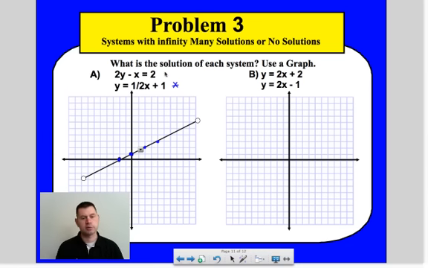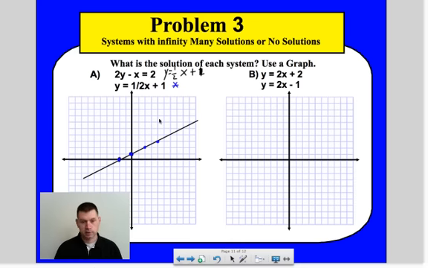If I change that by subtracting or adding x over, what I'm going to get is x plus 2 equals 2y. Now when I divide, what's going to happen is I'm going to get a 1/2 here, and I'm going to get a 2 over 2 there, which means that that actually becomes a 1.